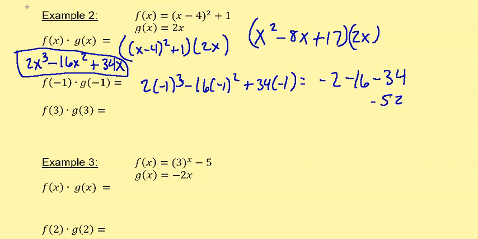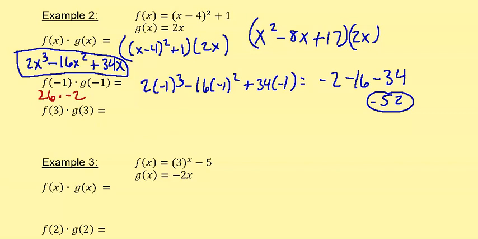It would be negative 52. If we found these separately, if we plug in negative 1 for the f function, we get 26, and then this would be negative 2, and that also gives you negative 52.